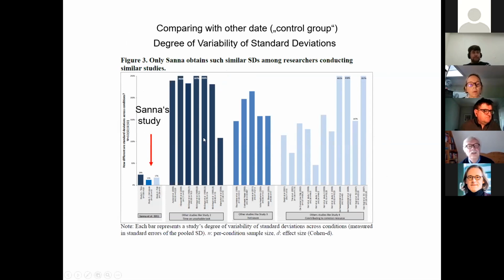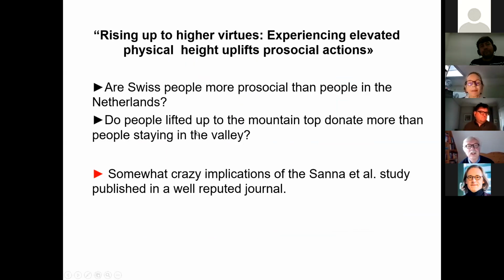So this is, so to say, a control group design. You also prefer more tests. And then what happens? The study was retracted. And he did all this without even knowing the original data. And by the way, there are crazy implications of this study. What are the implications? Say, are Swiss people more pro-social than people in the Netherlands?